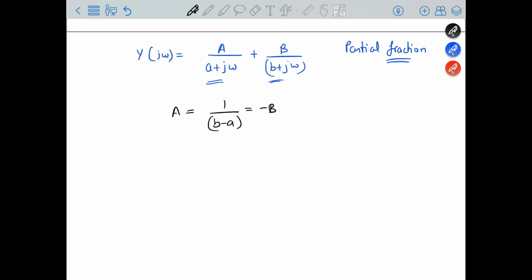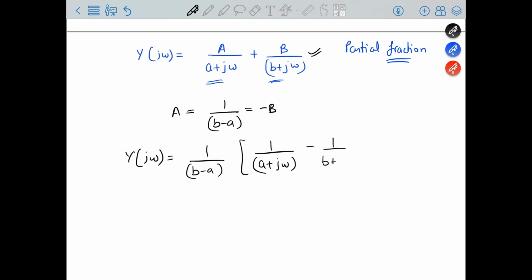We replace A and B in this expression. So Y of j omega will be equal to 1 over (b minus a) times [1 over (a plus j omega) minus 1 over (b plus j omega)]. This is obtained by just replacing A and B in the expression.